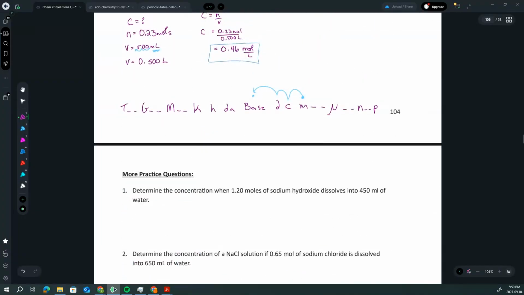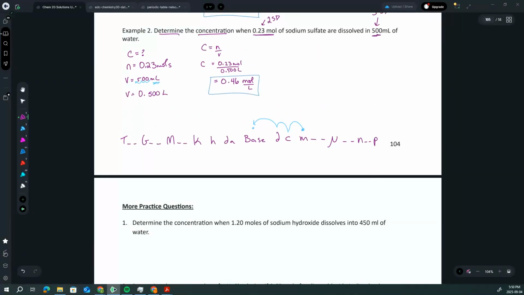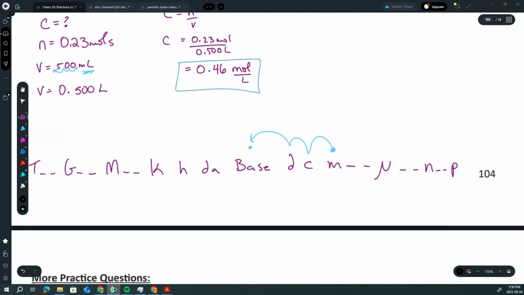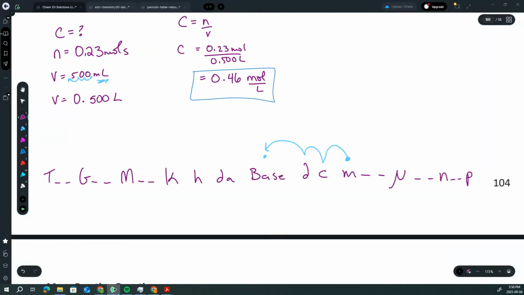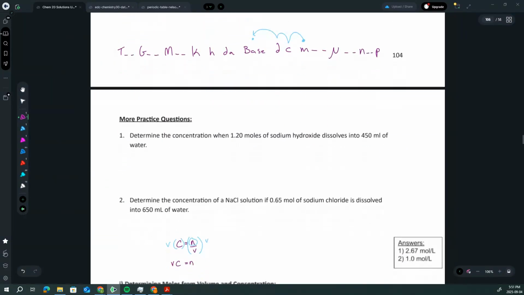So the metric conversion line, you write this out, you figure out where you're starting, and you figure out where you go to. Since liters is a base unit, and we're starting at milliliters, we'd just be going 1, 2, 3 to the left, or moving our decimal 3 to the left.